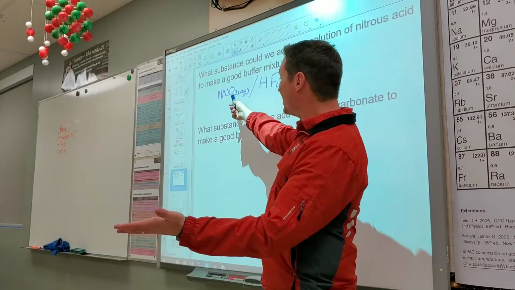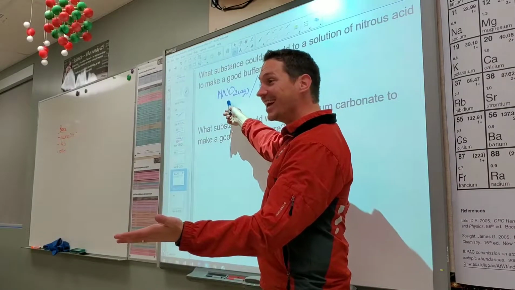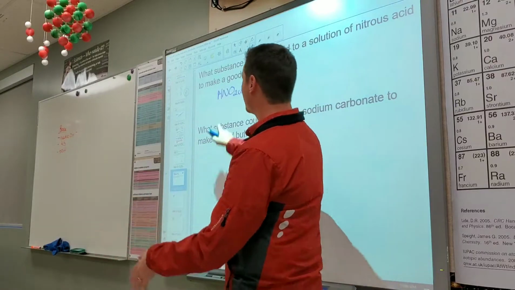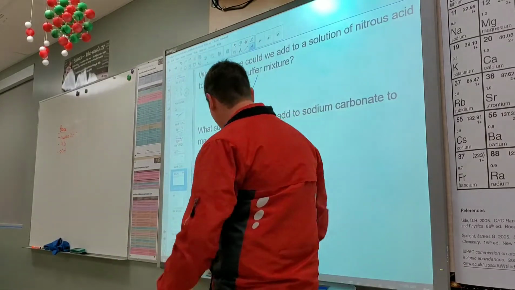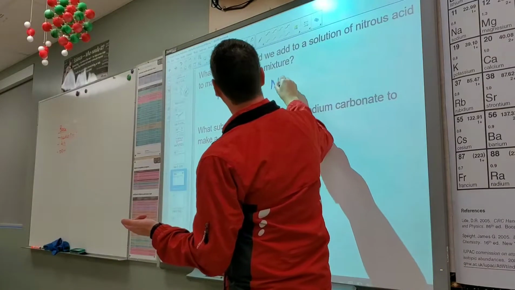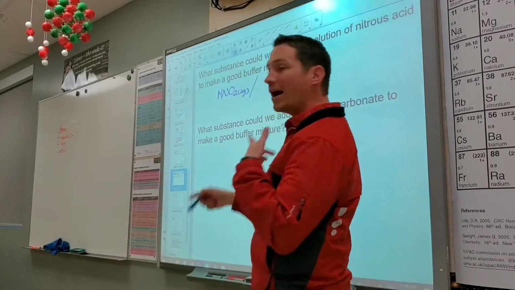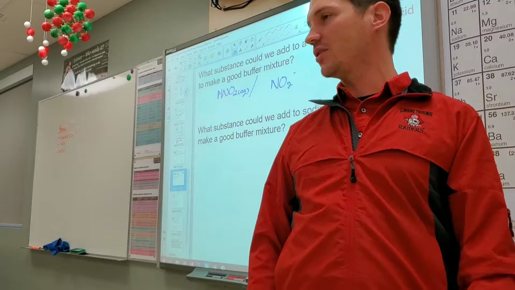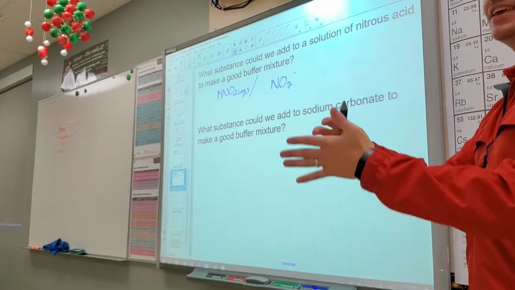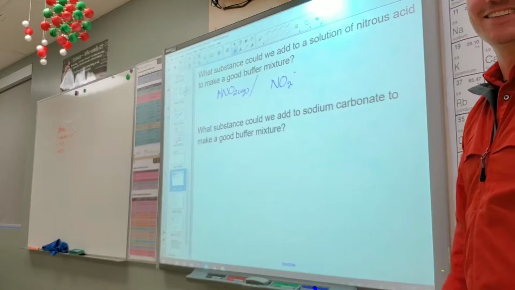Would it not just be the conjugate base of this? So let's add something that has, well, what's the conjugate base of nitrous acid? Nitrite, right? NO2-. What kind of substances might have nitrite in them? Rattle off some for me. Would lithium nitrite have nitrite in it?